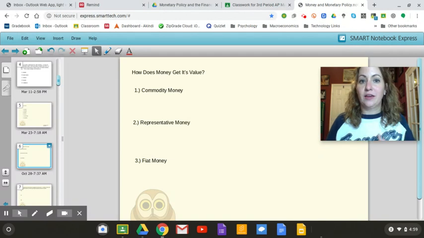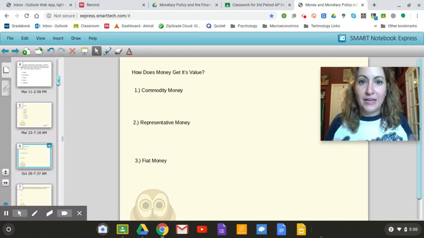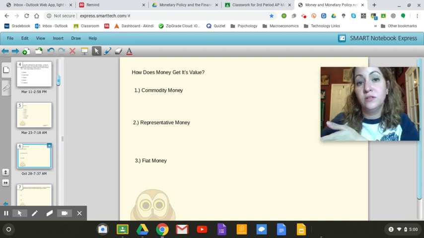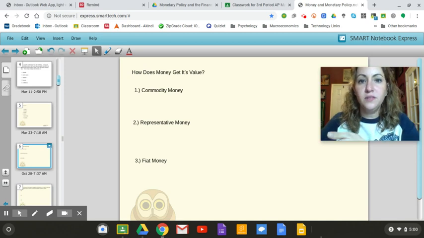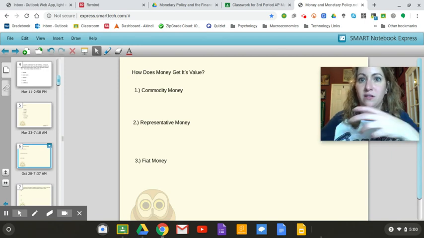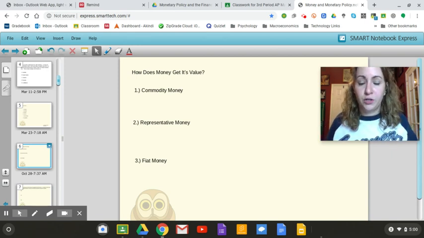So we're talking about when a society is first forming, they might be trading and bartering. That's commodity money. The second stage of development is representative money. This is basically how we went from using gold to the gold standard. Gold and coins are really heavy, and it was a pain to store your gold somewhere in your house.